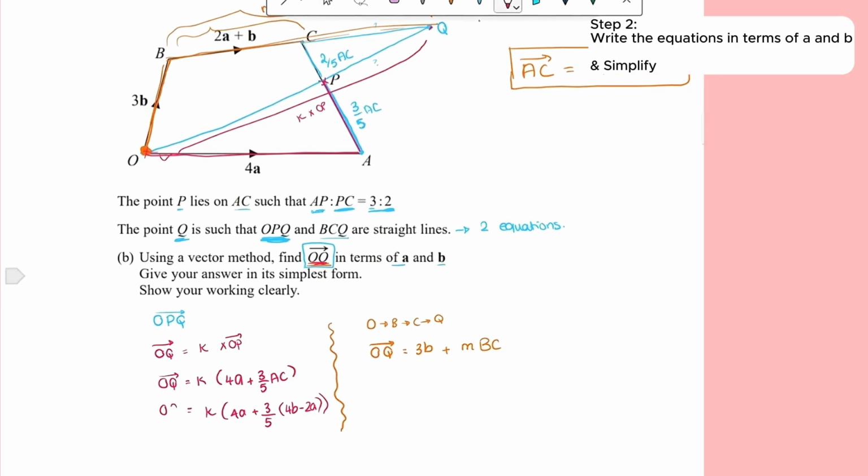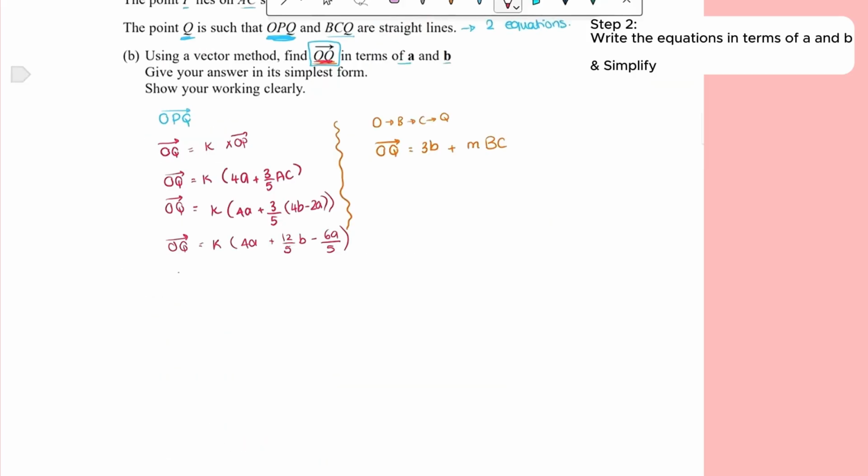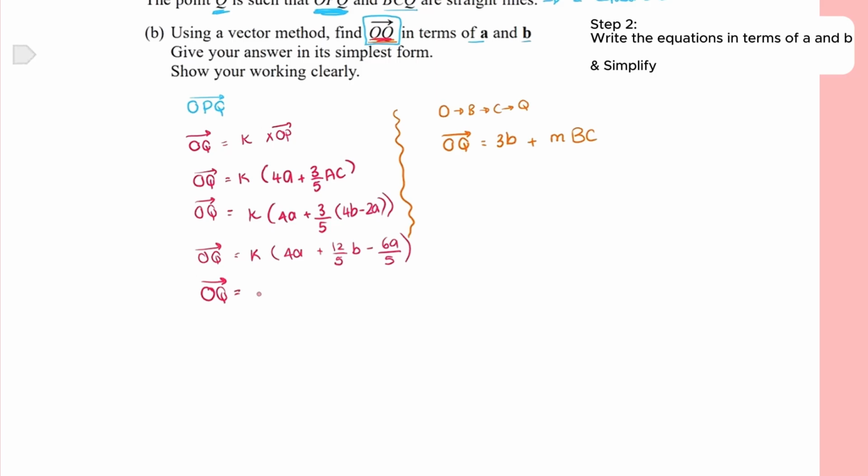So I've got OQ equals K times 4a plus 12 over 5 b minus 6a over 5. And then if I simplify that, I end up with OQ equals K times 14 over 5 a plus 12 over 5 b.